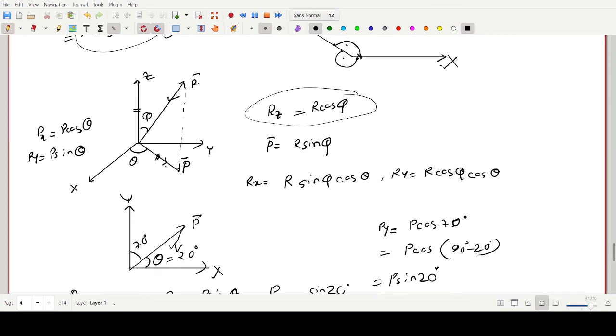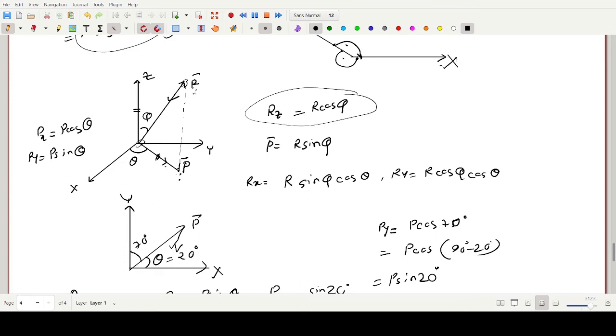P is the projection of r onto the xy plane. So how can we draw the projection? We will draw a perpendicular from this point to the xy plane, and then we will join the origin to the tail of that perpendicular.